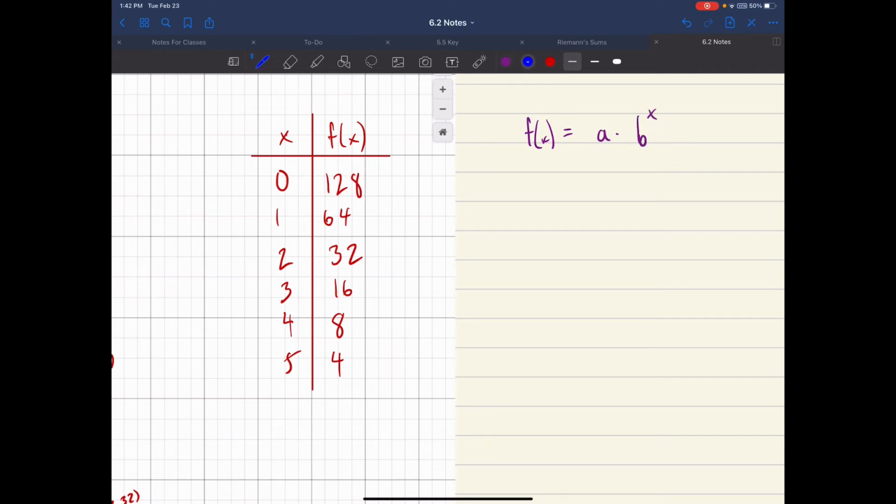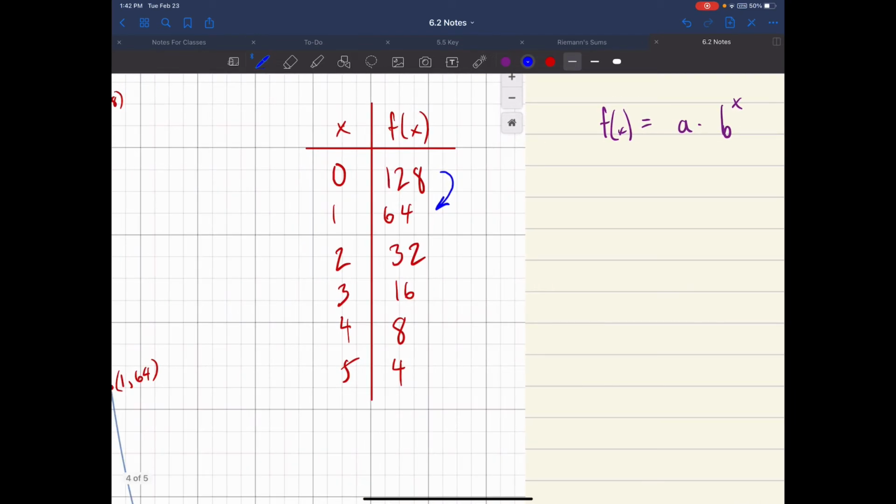So as I go down from 128 to 64, what number would I multiply 128 by to get 64? It's half of 128, so I'd multiply by 1/2. 64 times 1/2 is 32. 32 times 1/2 is 16. 16 times 1/2 is 8.